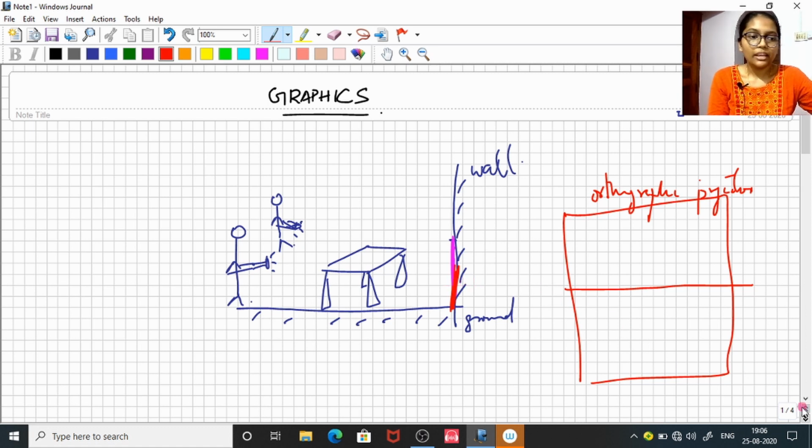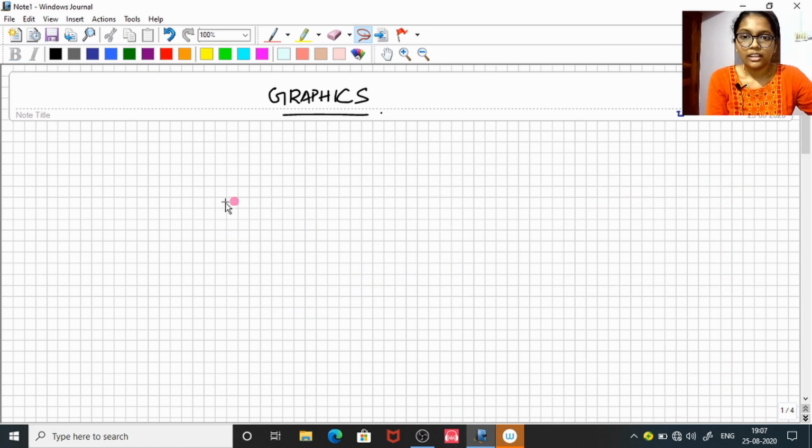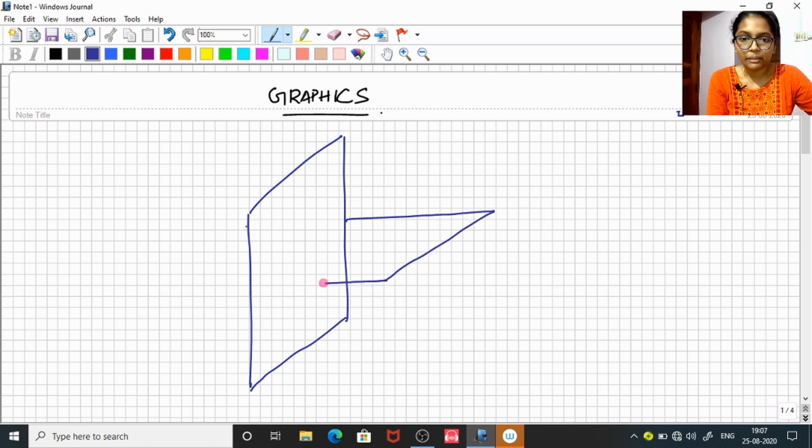So let me come to our subject now. That is the whole 3D space. I divide the whole 3D space into 4 quadrants. For that I need 2 planes, isn't it? When 2 planes are kept mutually perpendicular, I can divide the whole space into 4 quadrants: quadrant number 1, 2, 3 and 4.